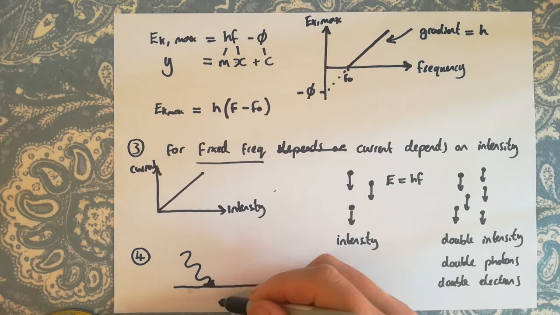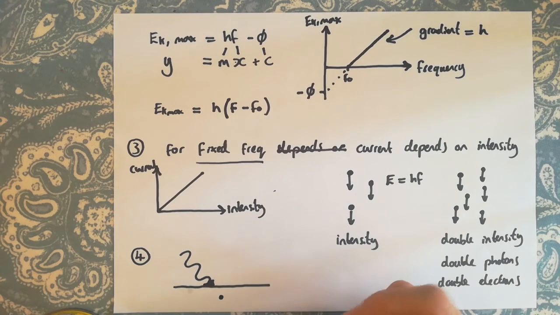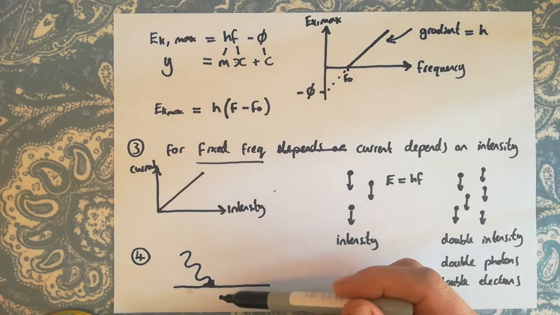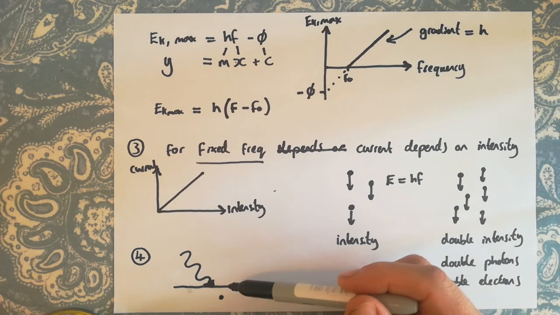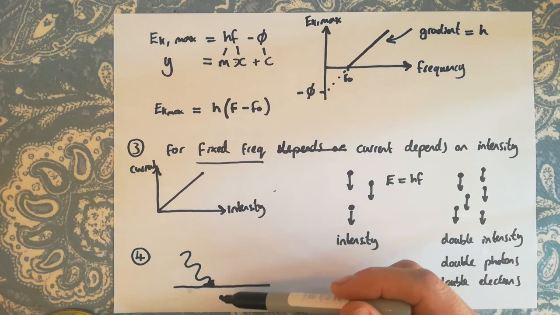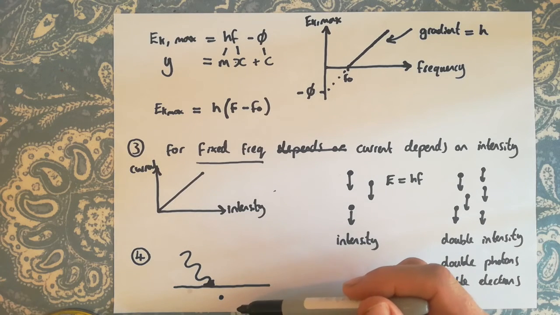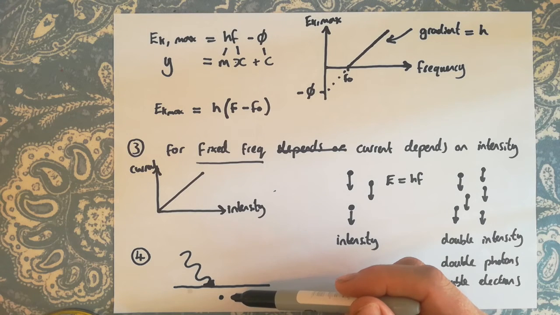We know that the electron sitting in that metal surface requires a certain amount of energy, at least the work function, to escape. That's the minimum amount of energy that an electron is going to need to escape.